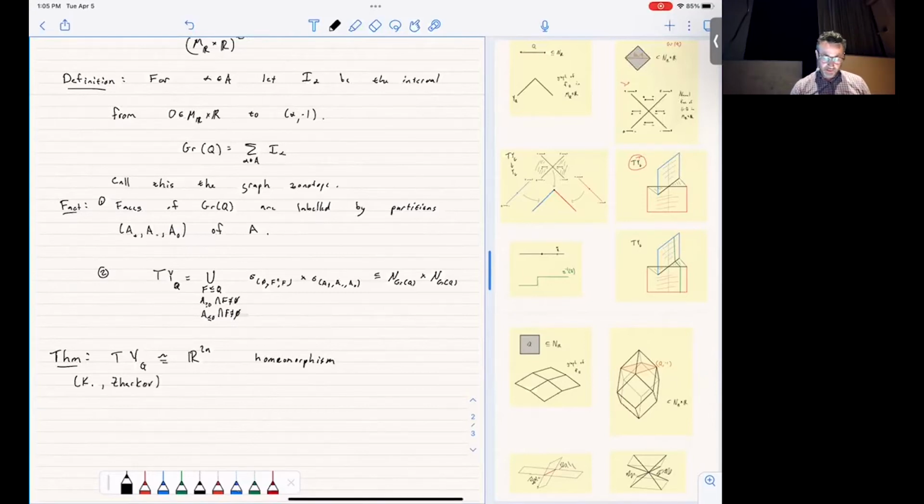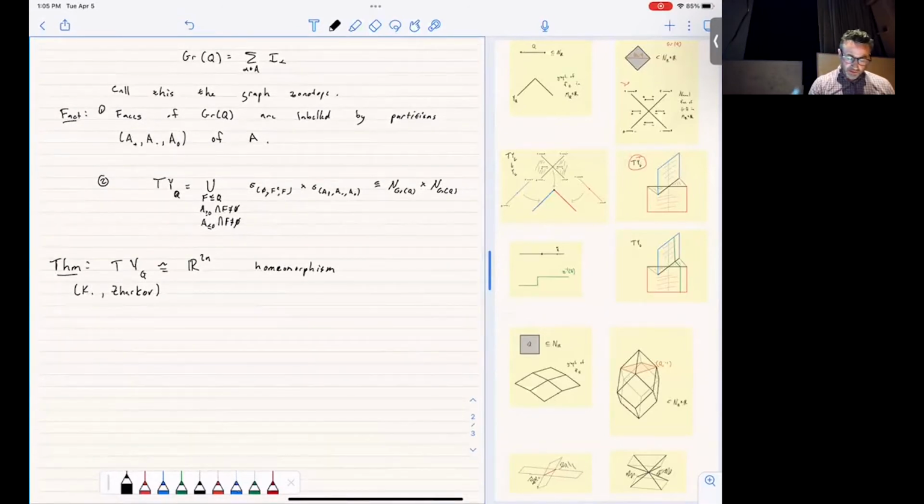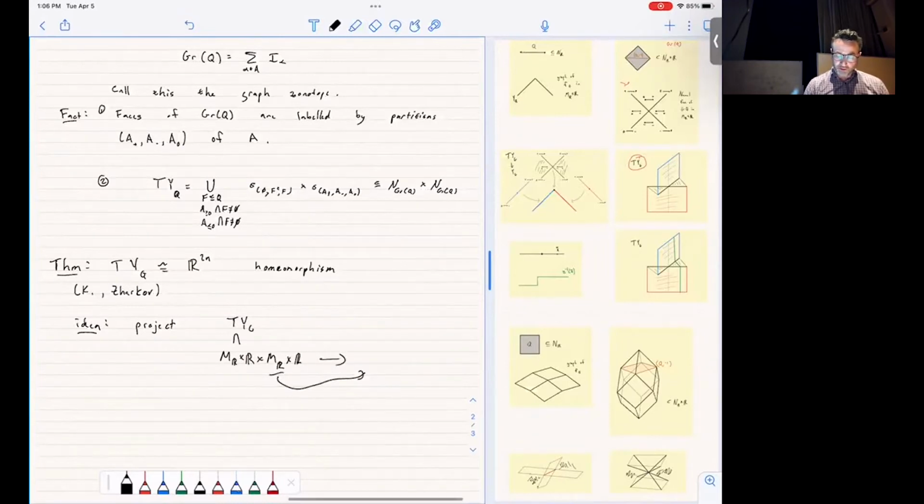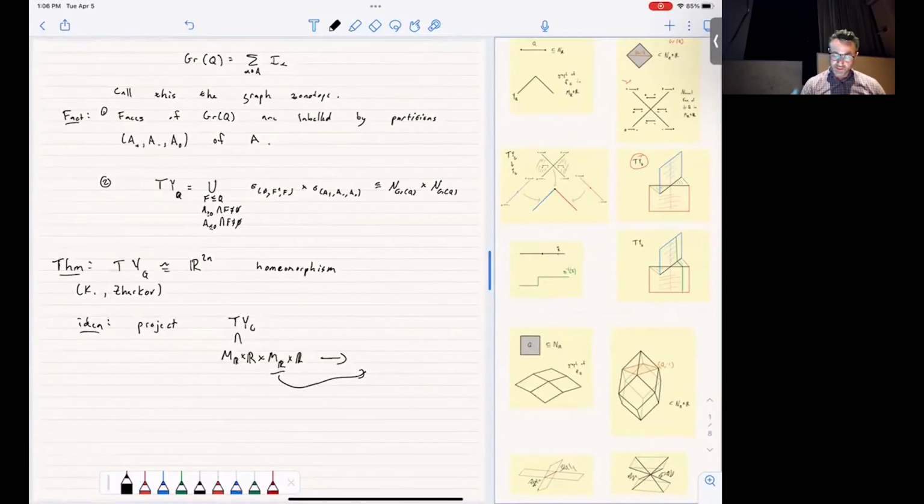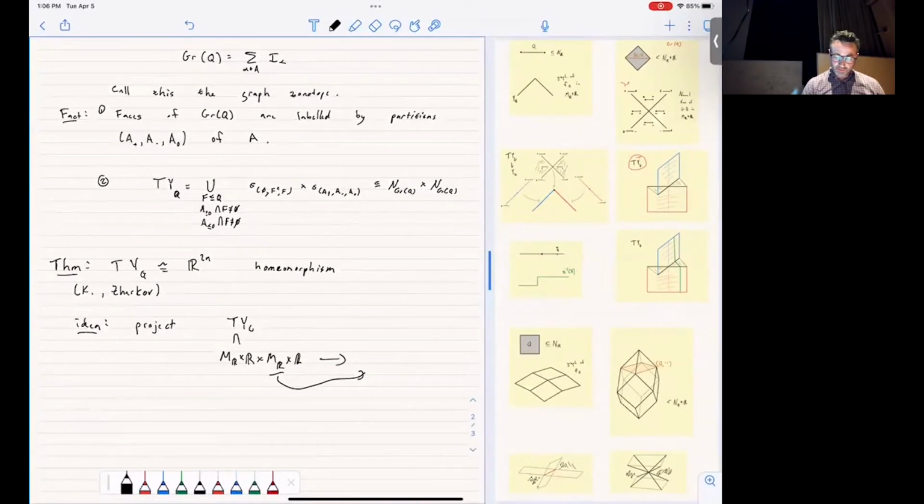And the idea here is to take this picture and project. So here we have this tangent space. This lives in MR cross R cross MR cross R. And you want to project this to the second factor of MR, which is essentially your tangent vector, and see what the fiber is.